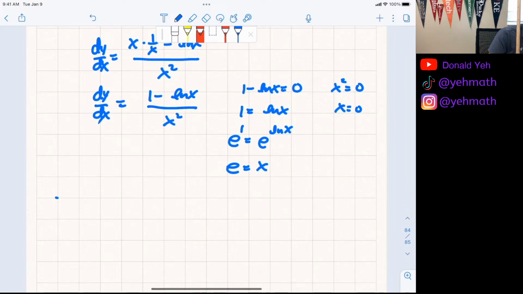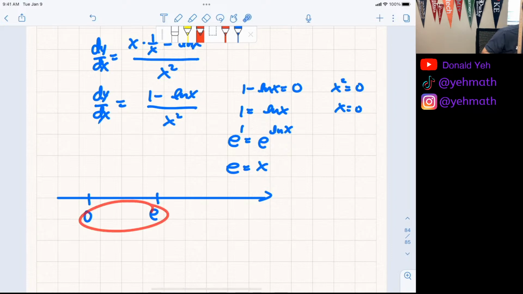So when you do a number line test, you have to be cautious. So that's going to be 0 and e. Why do I not do anything less than 0? Because natural log of a negative number does not exist. So you're going to just pick a value between 0 and e.